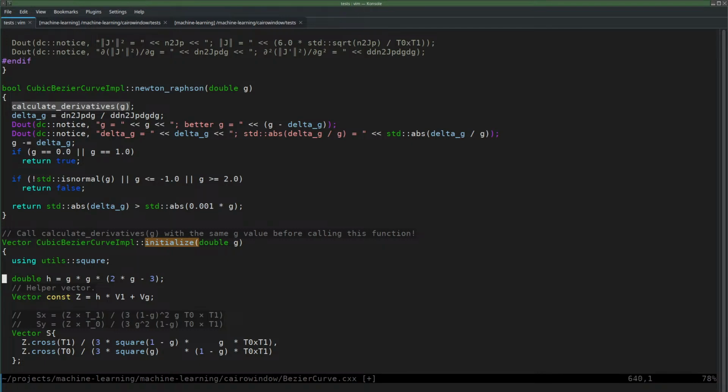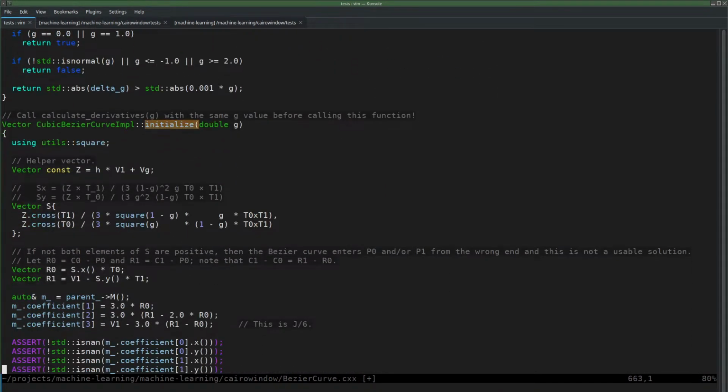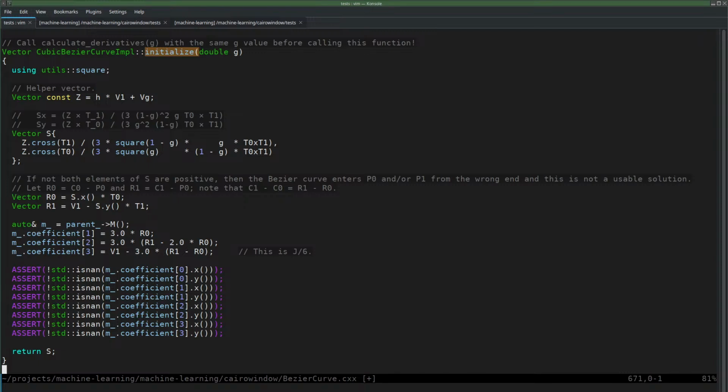So then H is already known now. Can make that an assert though.